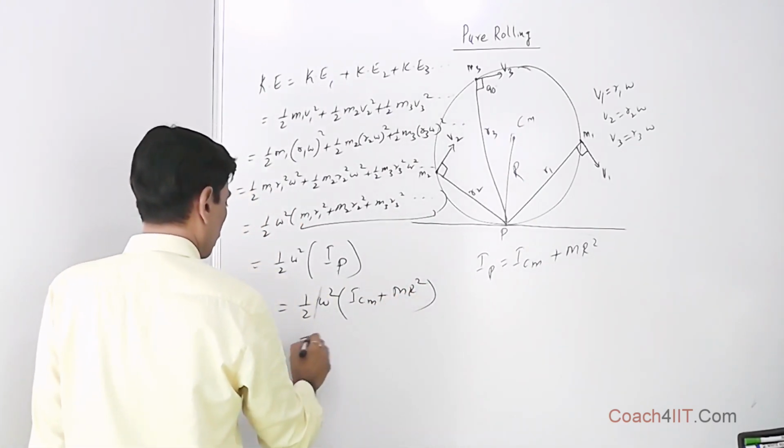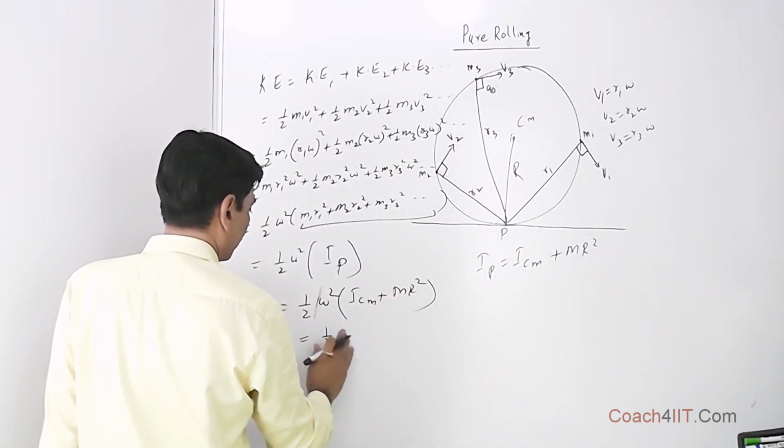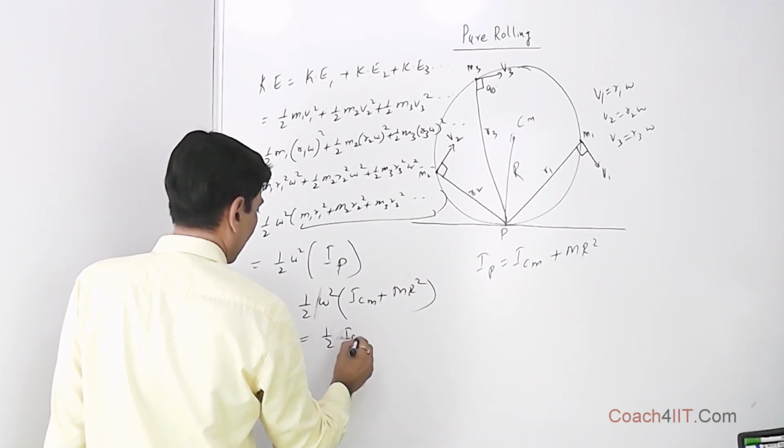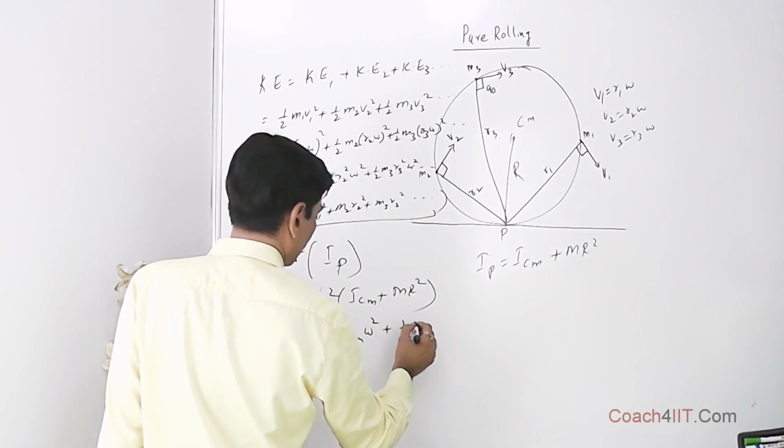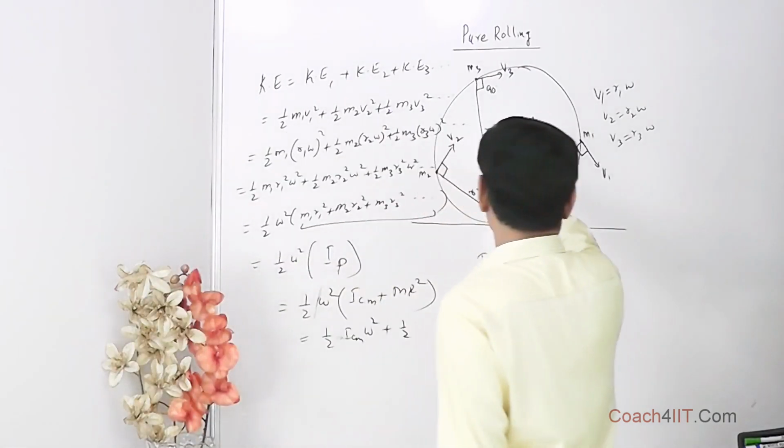Let's open it. It comes out to be half ICM omega square plus half omega square mR square.